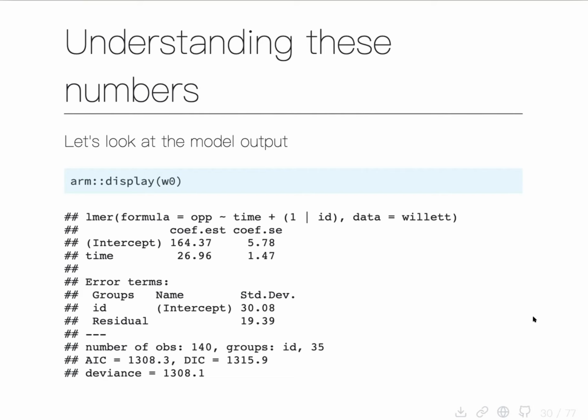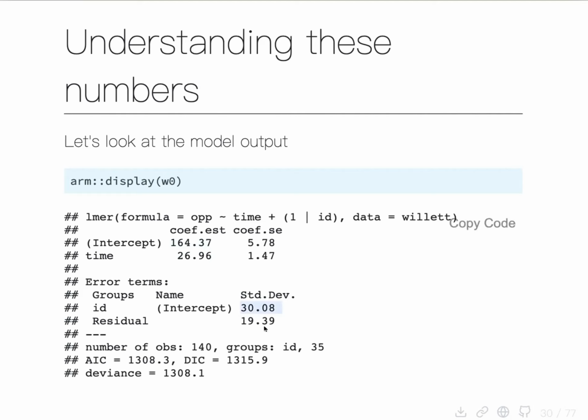This is the model. Just in terms of interpretation, we would say that subjects started with an average of 164 points, and they progressed at about 27 points per wave, or however time is coded, I don't remember. And this initial starting point varied between participants with a standard deviation of 30.